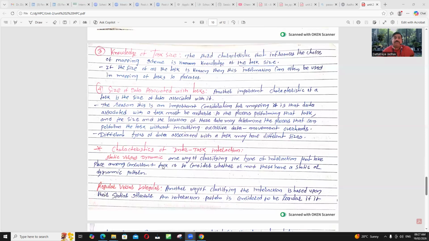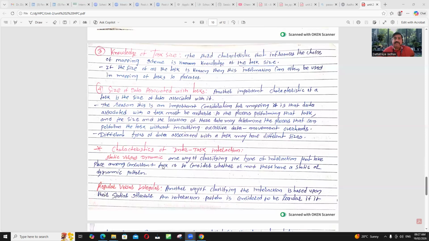For example, suppose we take C is equal to A into B into C. We are taking three parameters. Suppose we say that F is equal to F into Z divided by A. The data utilized by the second task will be more because it requires more data.